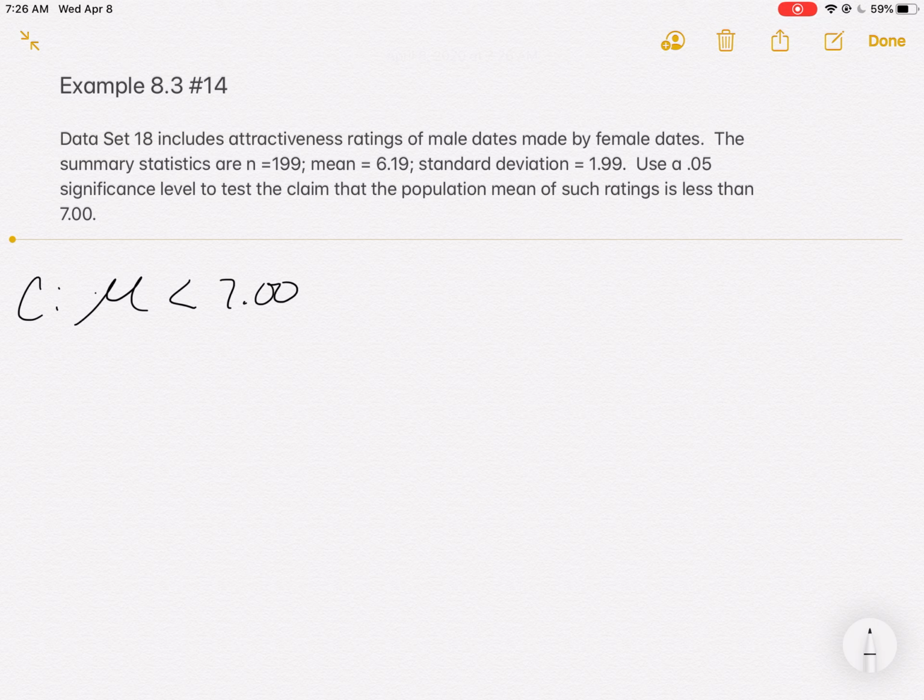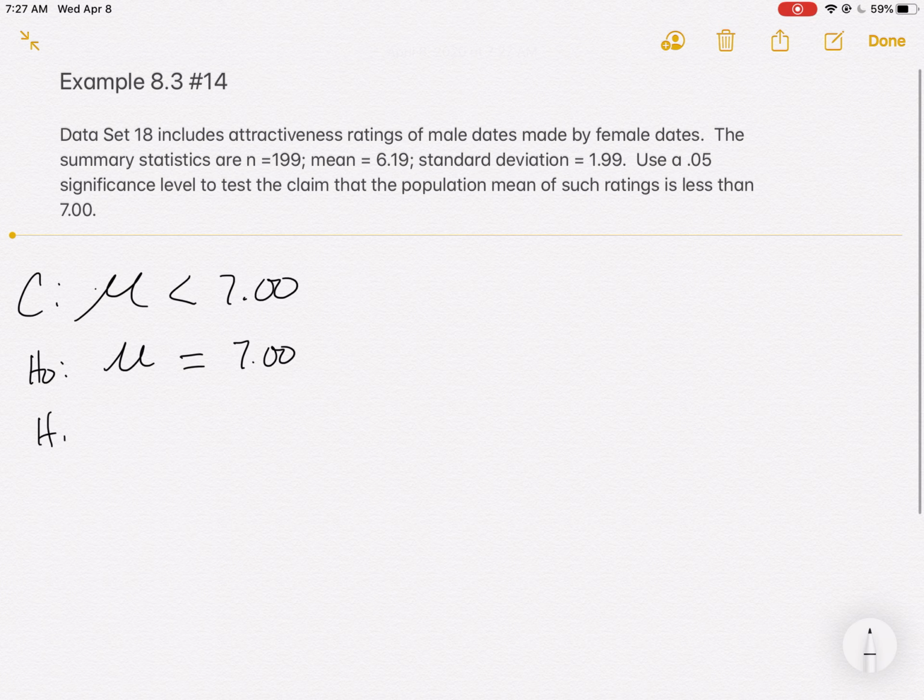So meaning that on the average, the rating of a male made by a female is going to be less than 7. So our null hypothesis we know is whatever the context appropriate symbol is, in this case the mean, the number in the claim, and an equal sign in the middle. And then H1 would be the claim if it could be, and it can.